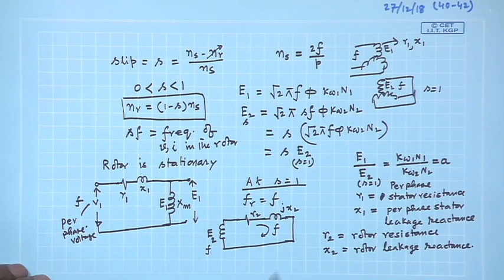So, what we say is that this X2 is the rotor leakage reactance when the rotor is stationary, or the rotor leakage reactance at standstill condition.